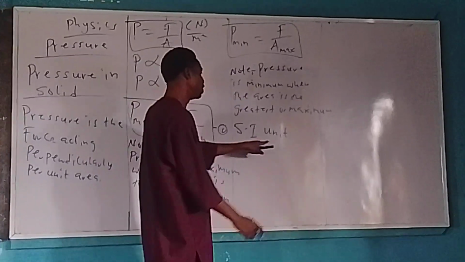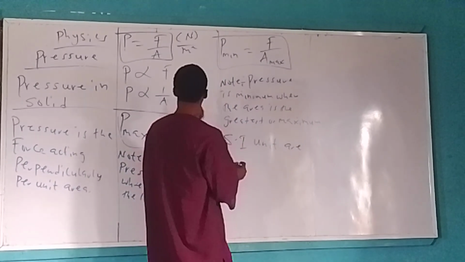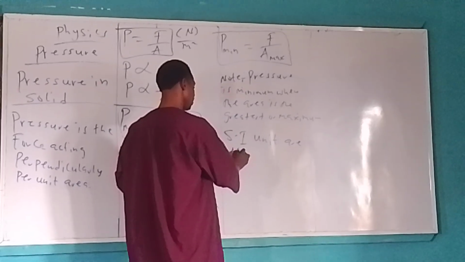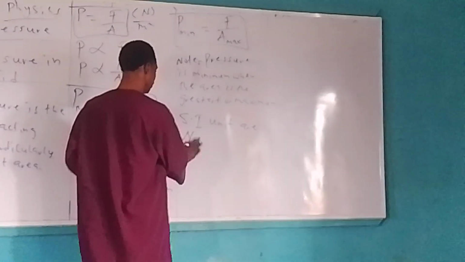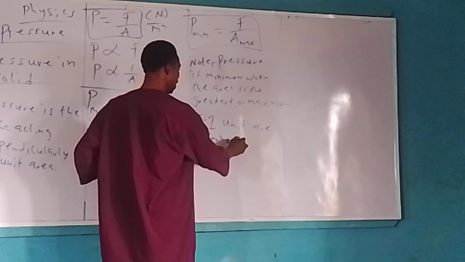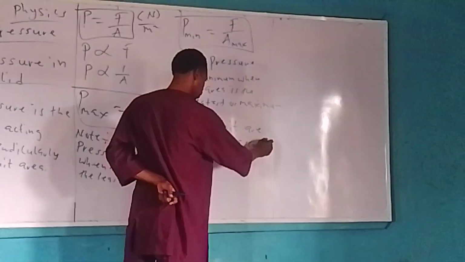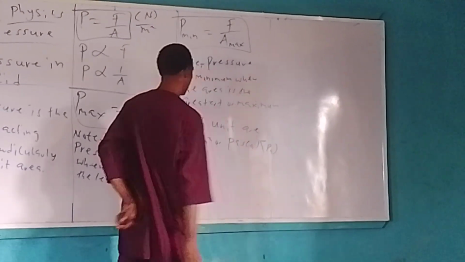So the SI unit for pressure is Newton per meter square, or you can use Pascal. Pascal is the short form.